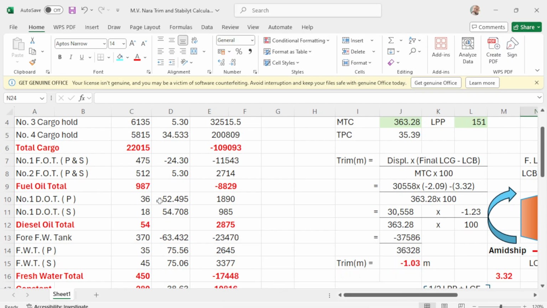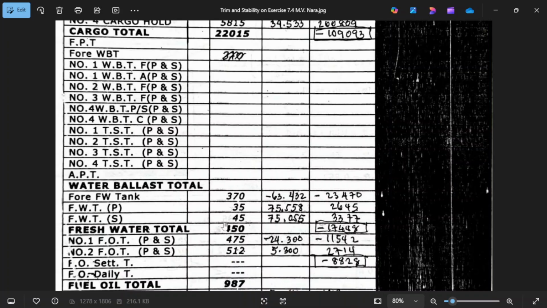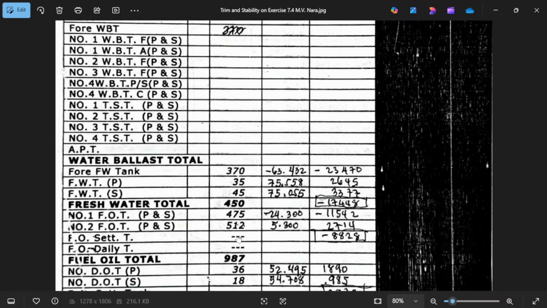Fuel oil is 987, and the LCG moment is negative 8829. Okay, put here 29. Then we go to diesel oil. Okay, that is the fuel.